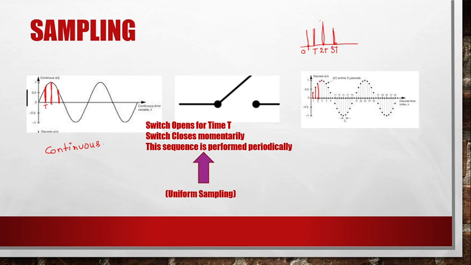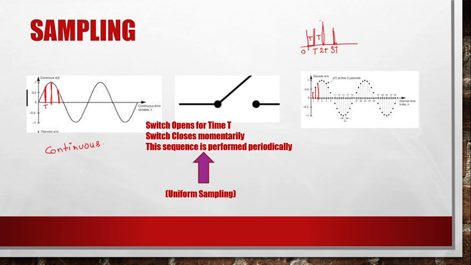In uniform sampling, the periodicity of the switch on and off is taken as 2t. So the time period of this switch is 2t. What is t?